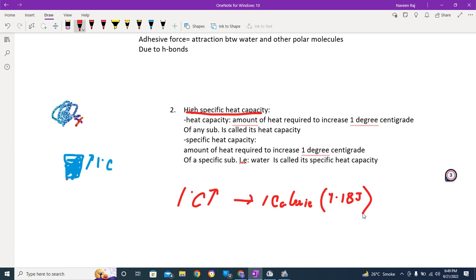So it has a higher specific heat capacity compared to something like petrol or other liquids, which have a low specific heat capacity. And that has benefits as well. This is the reason why water works at stabilizing temperature.